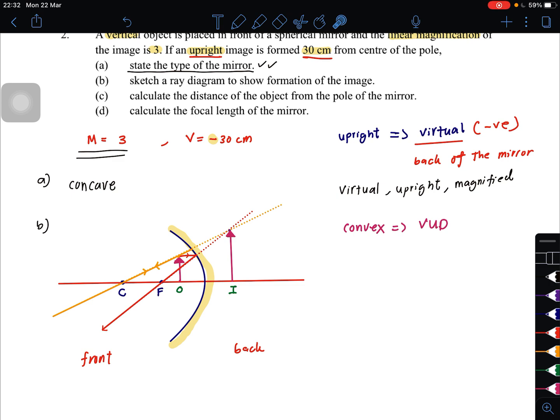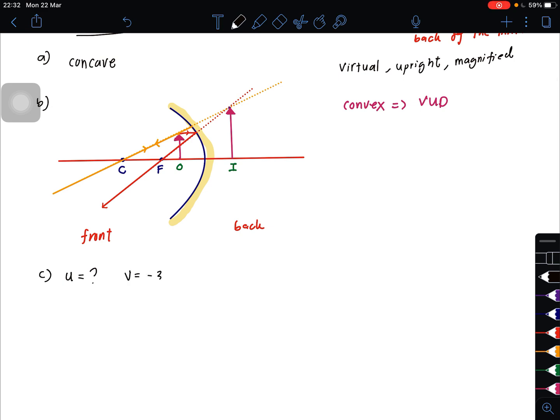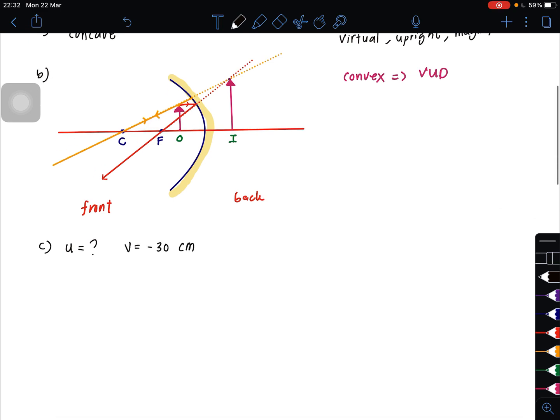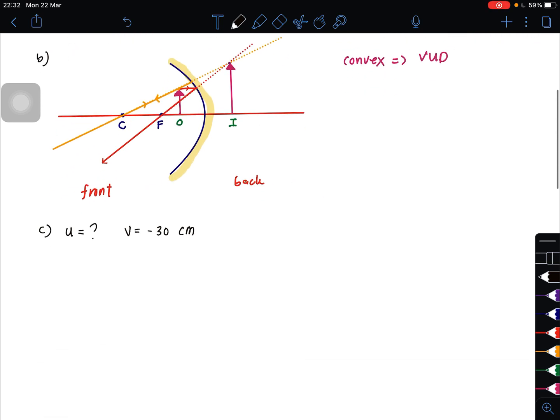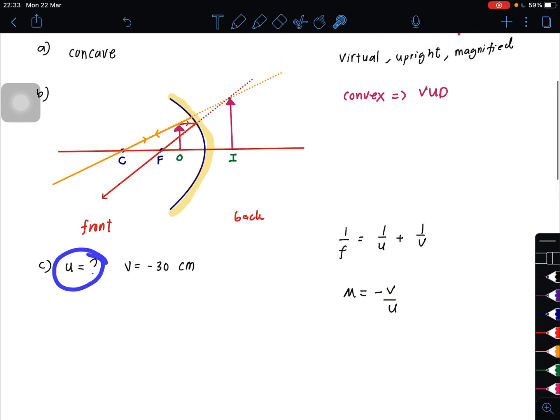Okay, now question C. We have to calculate the distance of the object. So we want to calculate distance of the object, which means dia adalah value for u. Okay, and then we know that v is negative 30 cm. Okay, so how to find u? There are two formulas we can use actually. We have 1 over f is equal to 1 over u plus 1 over v. And then we have m, which is equal to negative v over u. Okay, now, in order to find u, kalau guna first formula, kita kena ada v dan f.